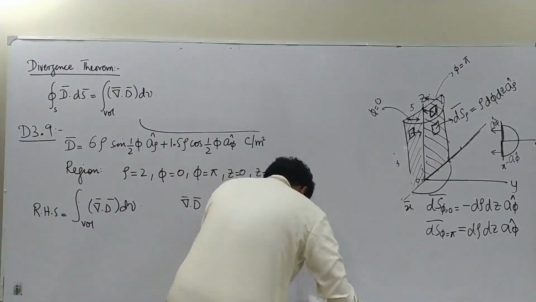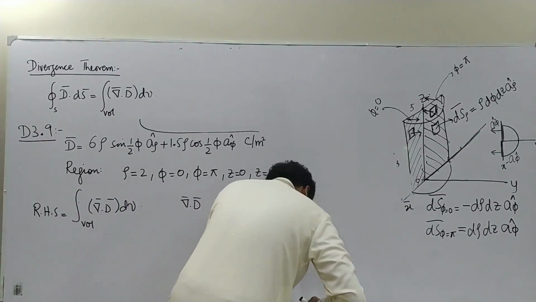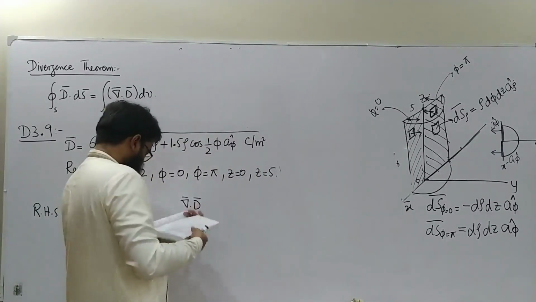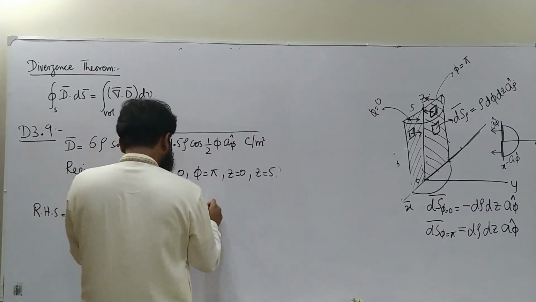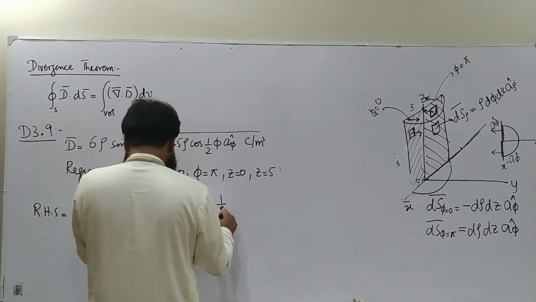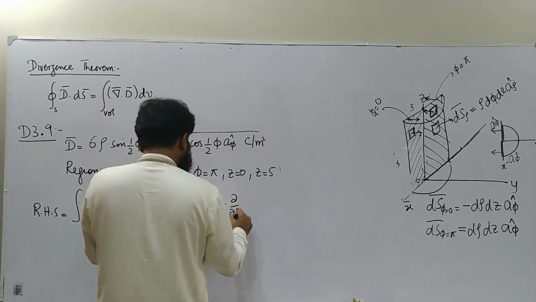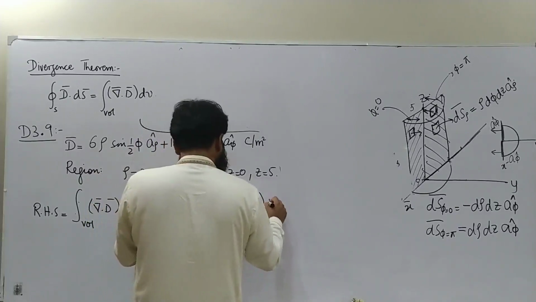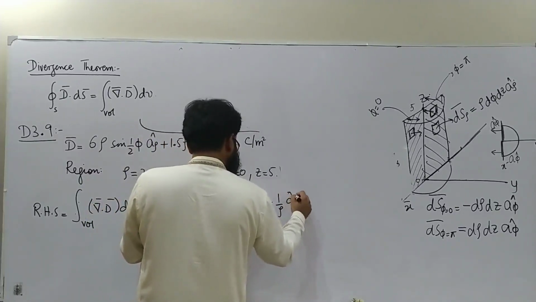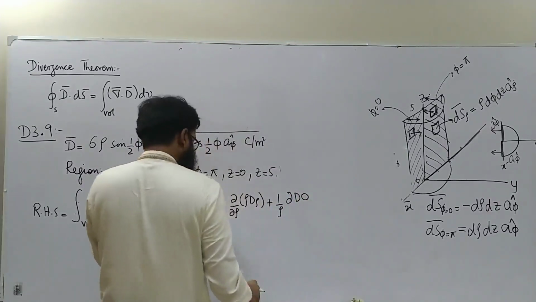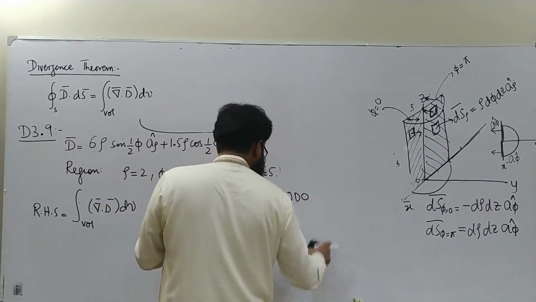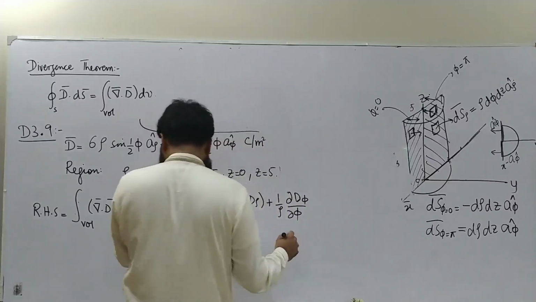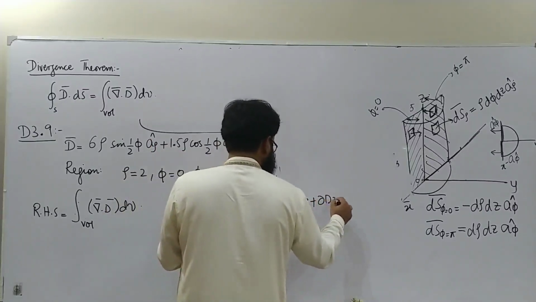Page number 62 of your book. The formula for divergence has this form: 1 upon rho, partial derivative with respect to rho of rho D rho, plus 1 upon rho, partial derivative with respect to phi of D phi, plus partial derivative of D z with respect to z.